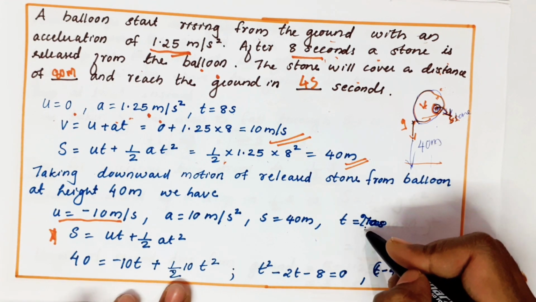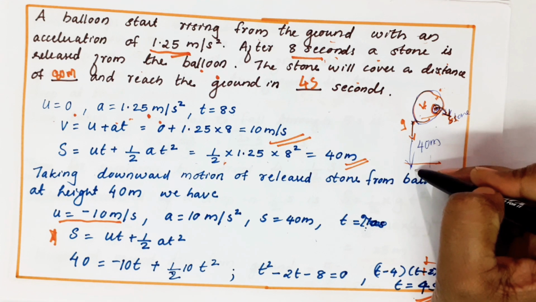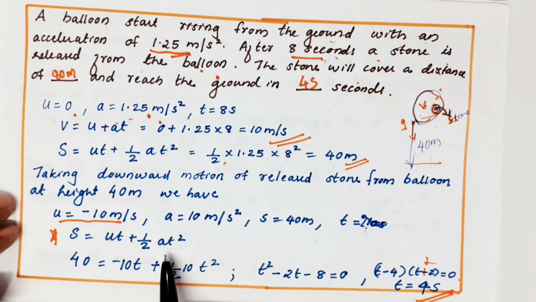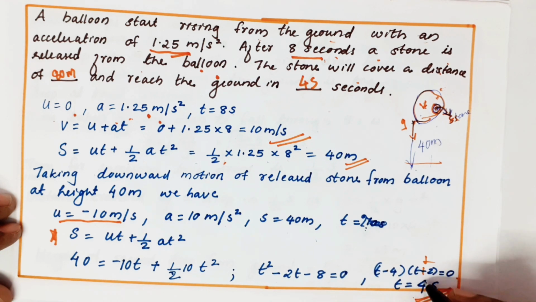And in this case I need to calculate what is the time taken for the stone to come down. So I am using the equation s equals ut plus half at square. That is 40 equals minus 10t plus half into 10 t square. That is t square minus 2t minus 8 equals 0. (t minus 4)(t plus 2) equal to 0, I am taking.